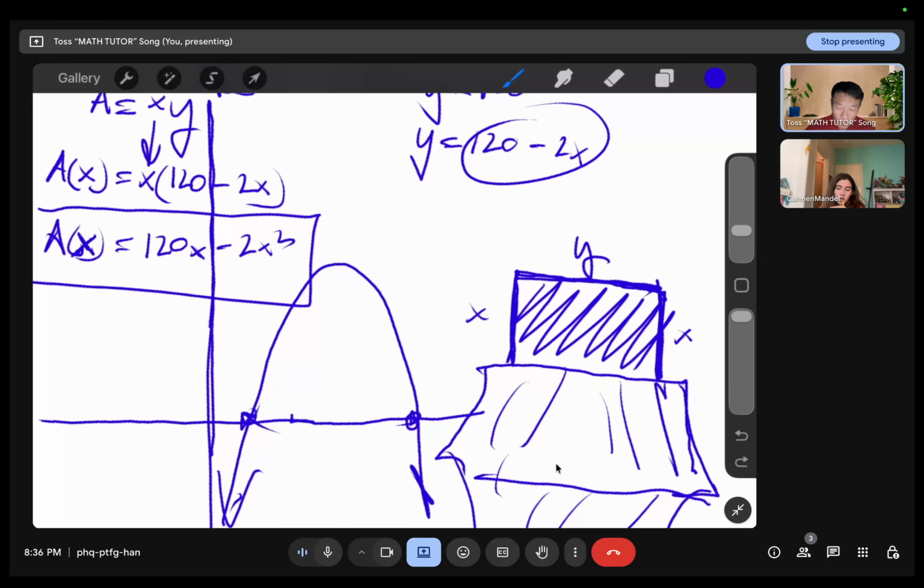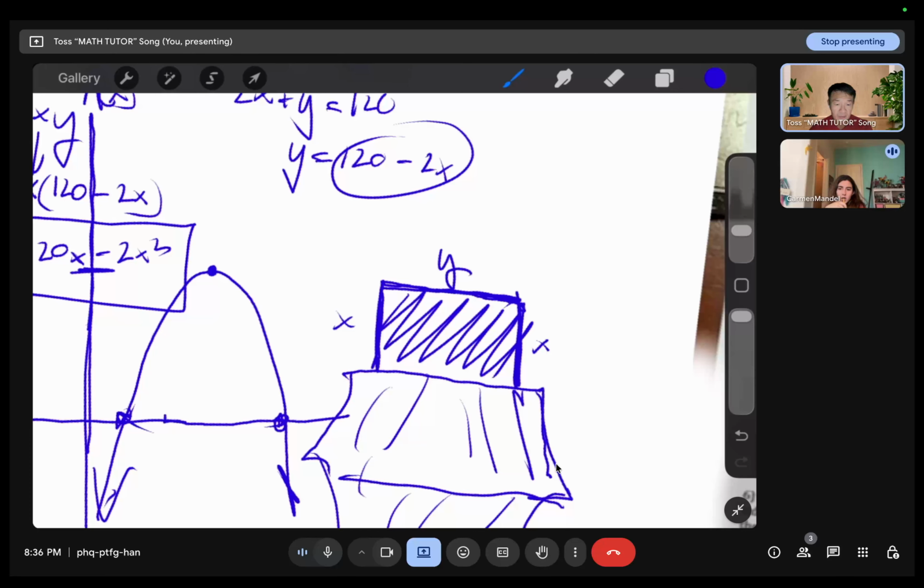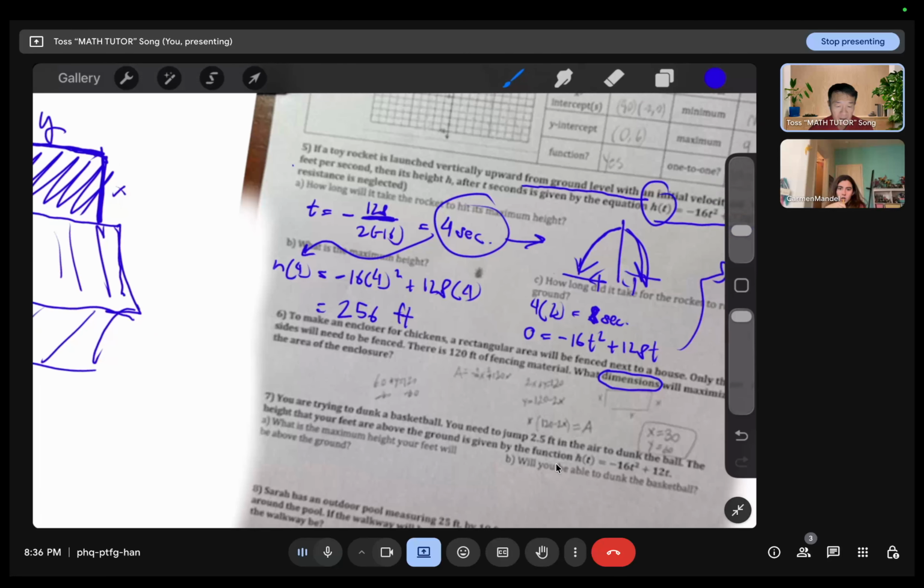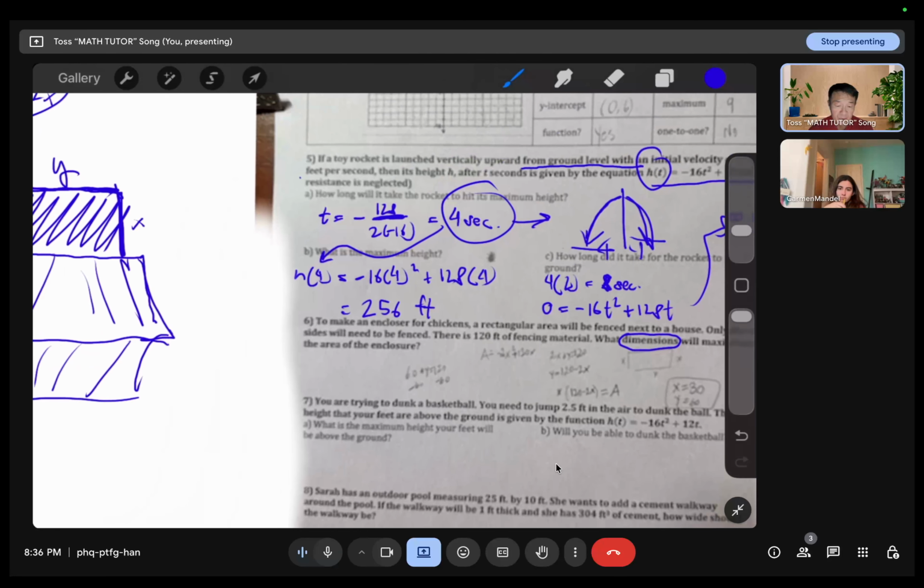Why? Because once you get the highest value of A, imagine that for a second. Once you get the highest value of A, that means you maximize it. That means you got the highest possible area value. So if you read the question, it says, how could you find the dimension when your area is pretty much at max?